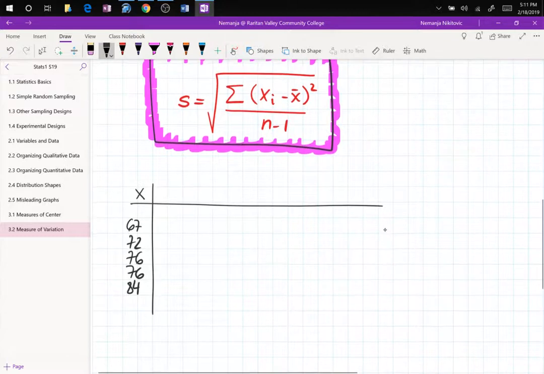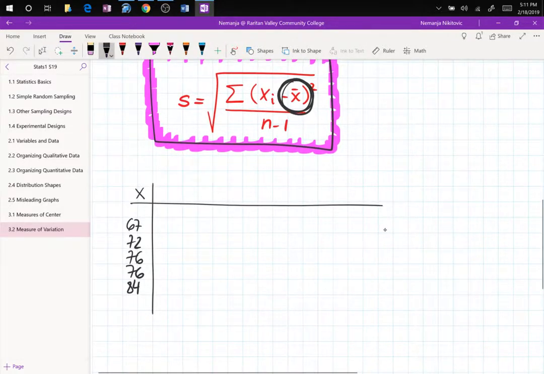That's really good. Now, if you carefully observe your chart, you all see x bar, right? We know that x bar is a mean. So we actually have to calculate the mean. So let's just add all of these data values, the sum of all the data values.